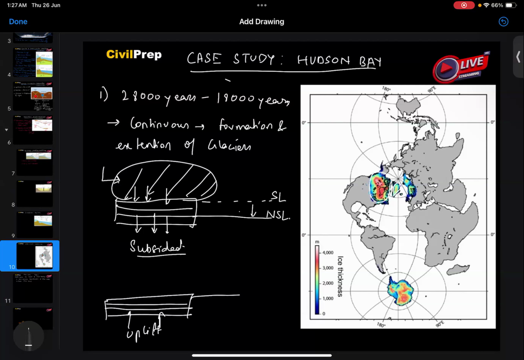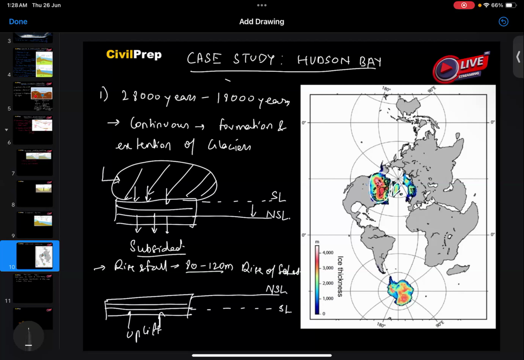So here we see that this was the sea level and this is the new sea level. So this has resulted in the rise of sea level. Okay, so through this part, we can understand very well how there have been changes in the sea level, and particularly we see the case study of the Hudson Bay region. Here we see that the rise and fall has contributed from 80 to 120 meters in various other different regions.